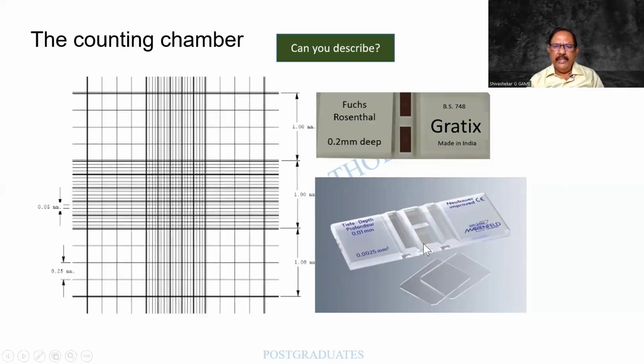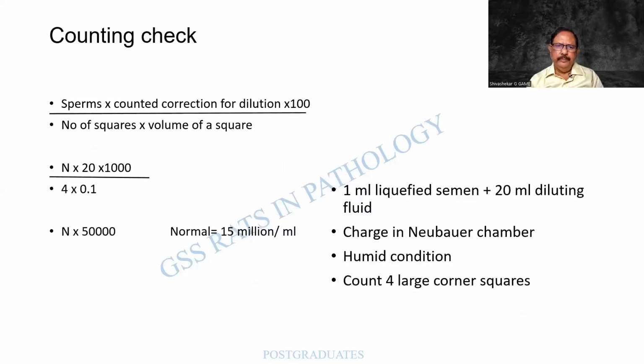Normally, you find that there will be a depth of about 0.1 millimeter only in the case of the Neubauer chamber, whereas it can be 0.2 millimeter deep here. Therefore, in a lower count you always find that the Fuchs-Rosenthal chamber, for example in a cerebrospinal fluid, can be used.